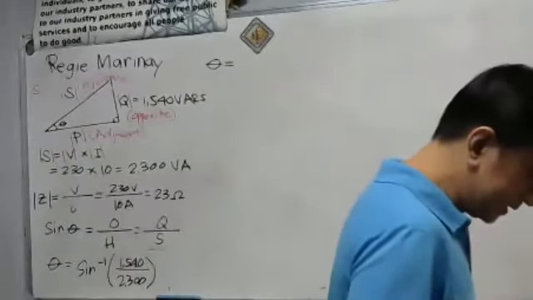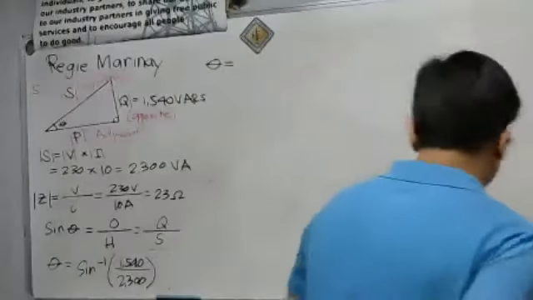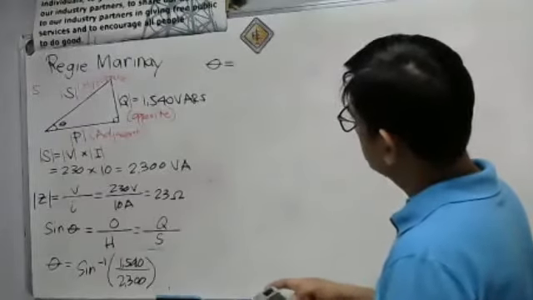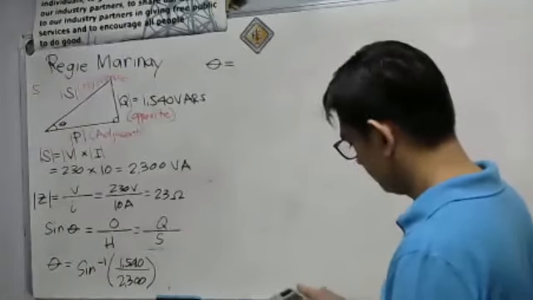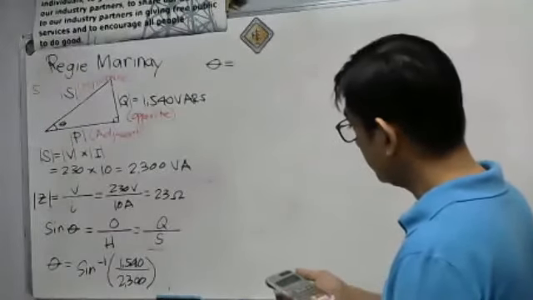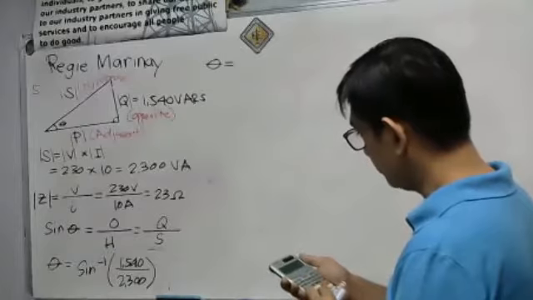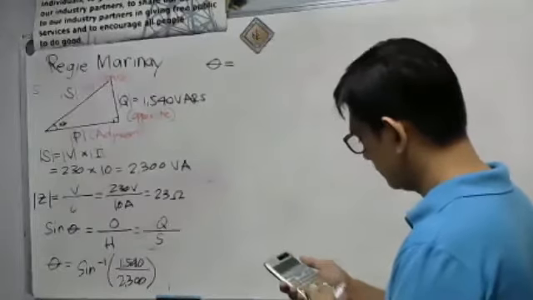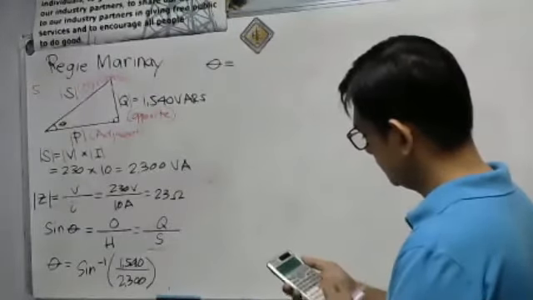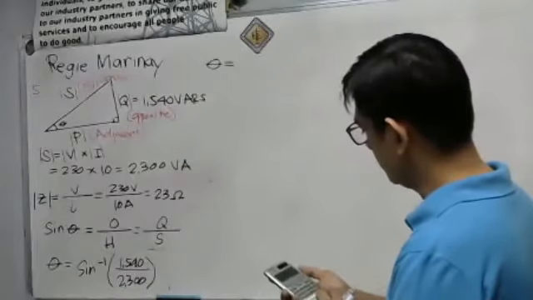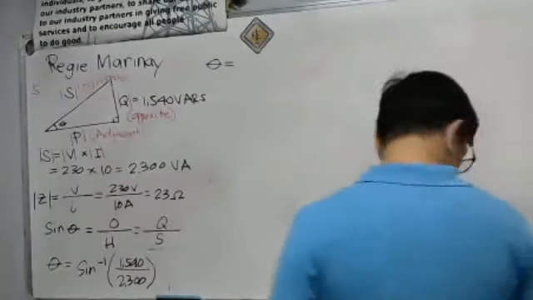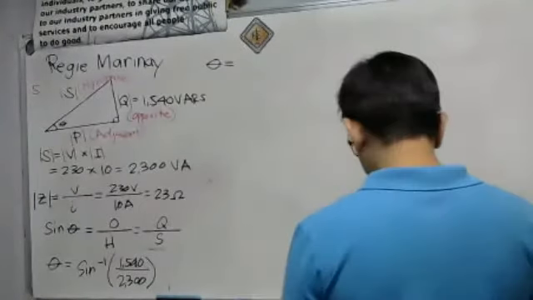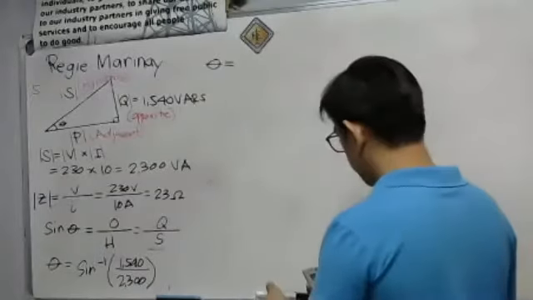Let us solve this one. Arc sine of 1,540 divided by 2,300. So that is equal to 42.03 degrees.